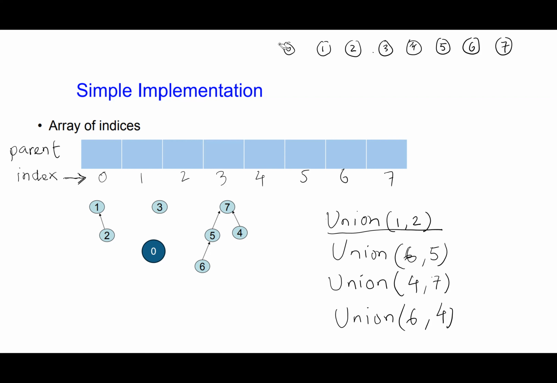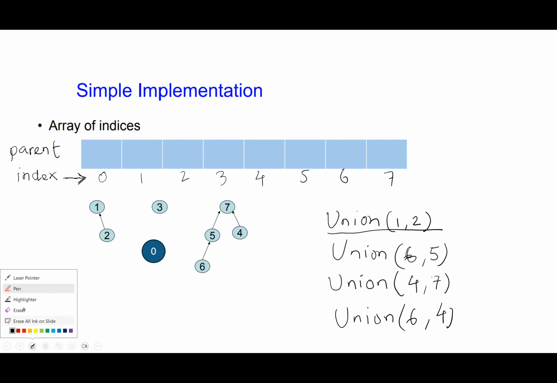I think it would be easier if I show it on this same thing. Let me just remove the links for now. Initially, all these were disjoint: 0, 1, 2, 3, 4, 5, 6, 7.